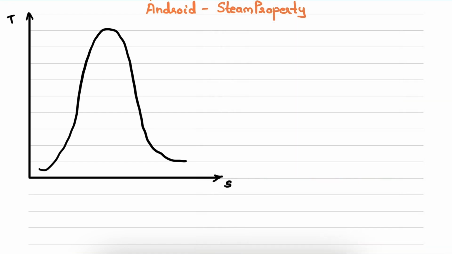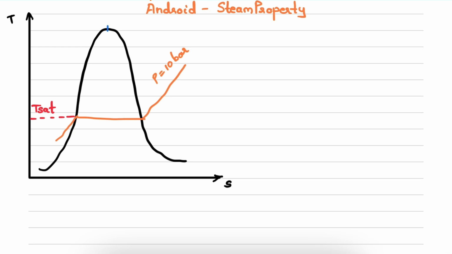I'll show a constant pressure curve on the TS diagram, and for example this pressure is equal to 10 bar. So in our example we are taking pressure equal to 10 bar. Now for this 10 bar pressure we will get a saturation temperature from the steam table.